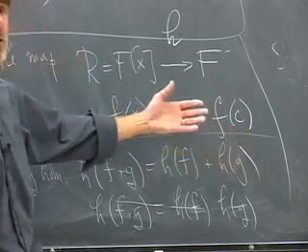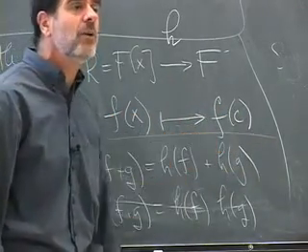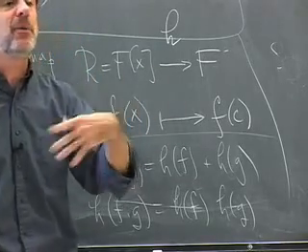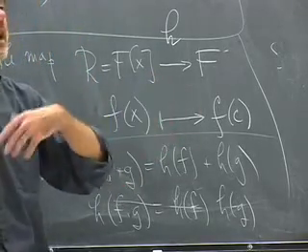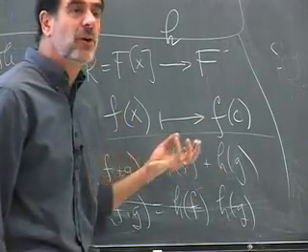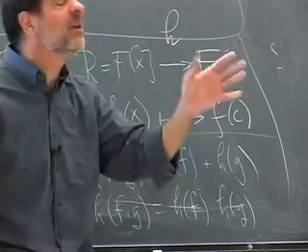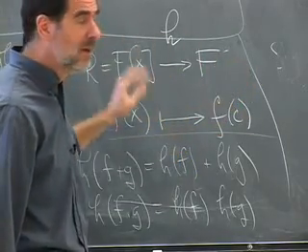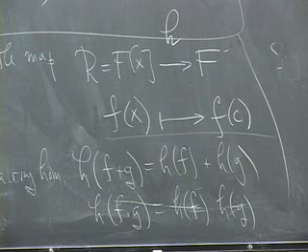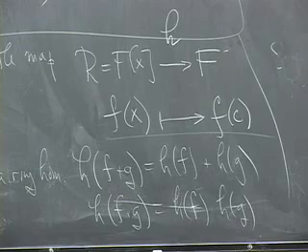An element in the kernel would be a polynomial where when you evaluate it at c, you get 0. No constant has that property except 0, because if you evaluate any constant at c, you just get the constant. So we don't have any polynomials of degree 0 in this ideal. Is there a polynomial of degree 1, a linear polynomial that vanishes at c? x minus c.